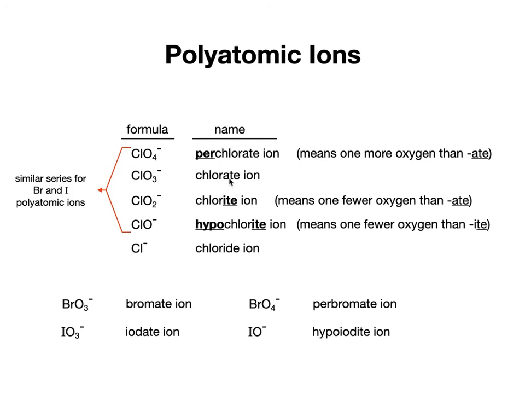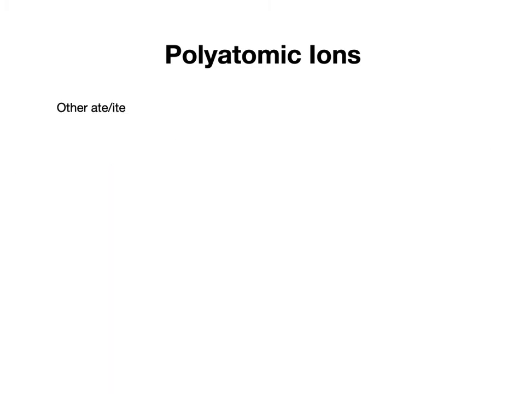If you memorize this, and then if you learn this naming scheme, you'll know how to name 12 different polyatomic ions, right? 1, 2, 3, 4, the bromine, the iodine series, because it's a similar naming scheme for those. So this is the system here.